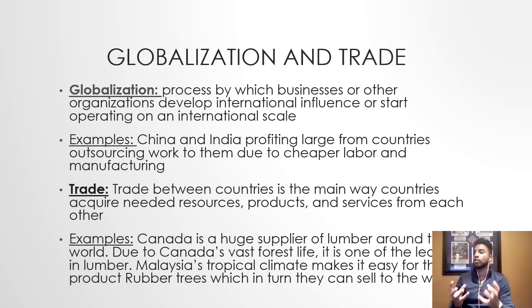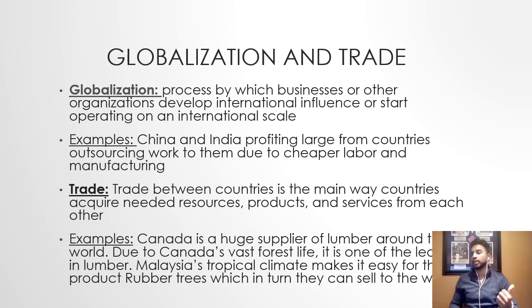Their land is so rich. Their soil is so rich in material and resources. So they're really big exporters of rubber, right? They're very big exporters of palm oil, right? Because of where they're located, they get to manufacture and grow all these things, okay?